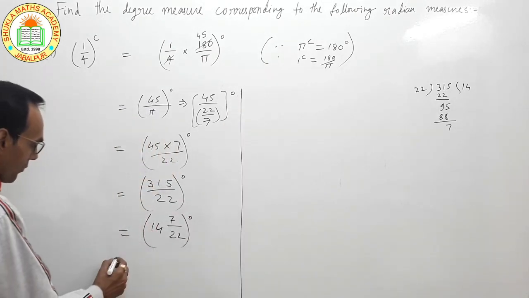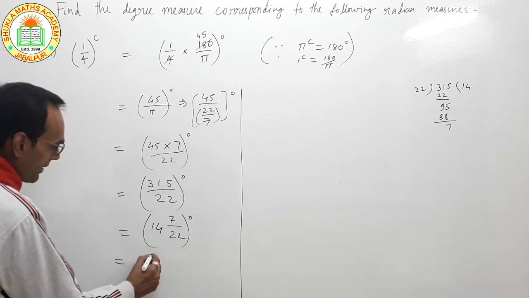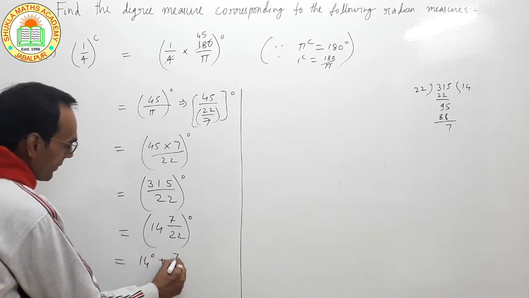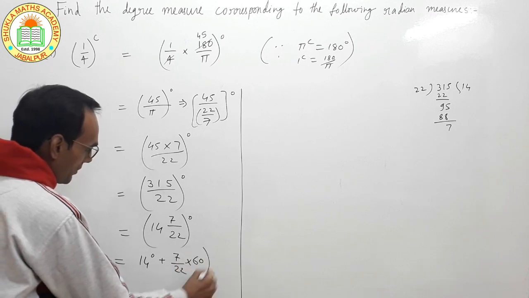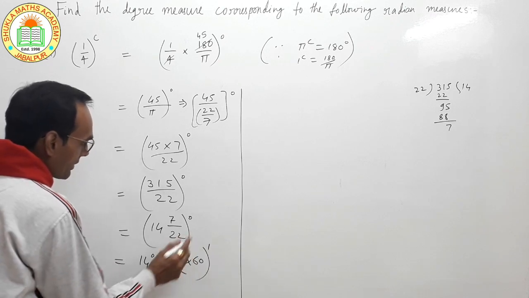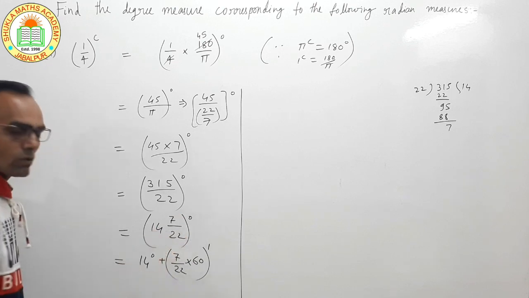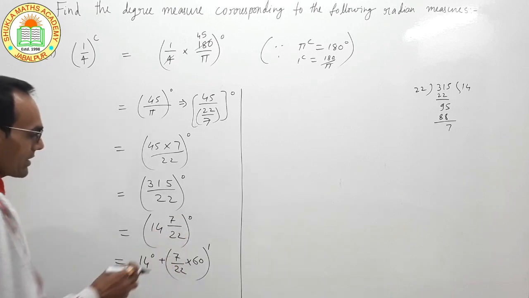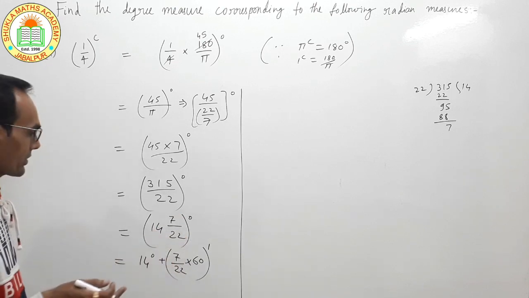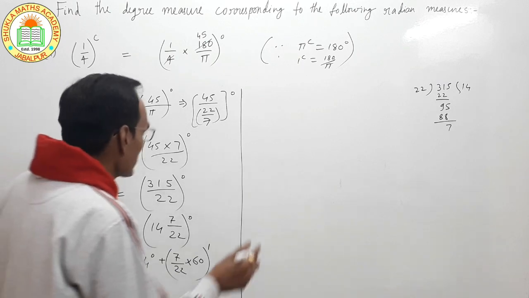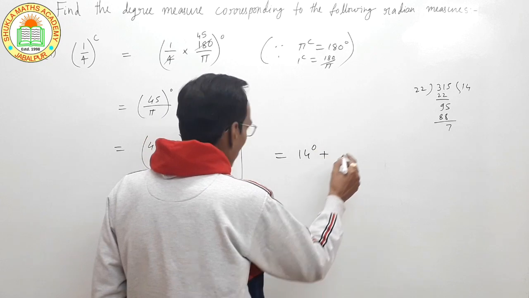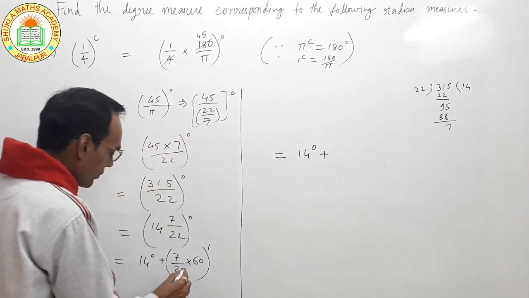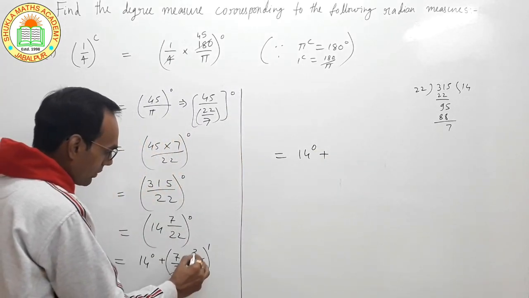And now see that we can write this as 14 degree plus 7 by 22 into 60 minutes. We are converting the fraction 7 by 22 into minutes by multiplying by 60, because 1 degree equals 60 minutes. So this becomes 14 degree plus 7 by 22, cross it: 2 elevens are 22, 2 thirties are 60.